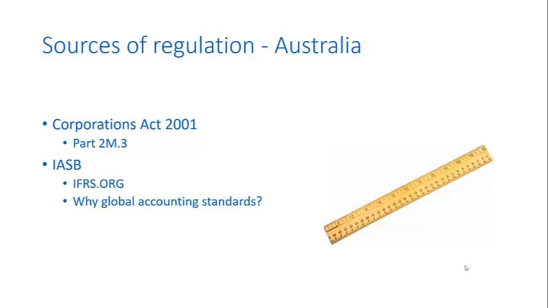I think it's fairly obvious as to why these days almost all of us use international accounting standards. The primary exception is the United States, and they follow standards issued by the Federal Financial Accounting Standards Board. And yes, there are differences, but they're probably less than they used to be.